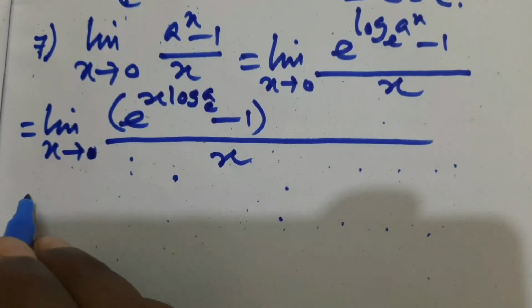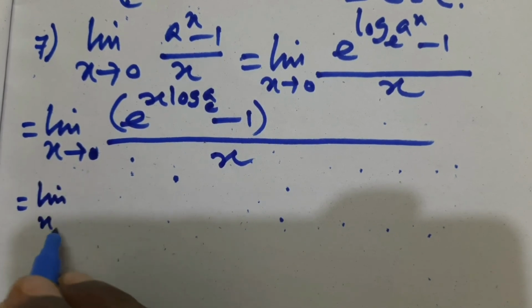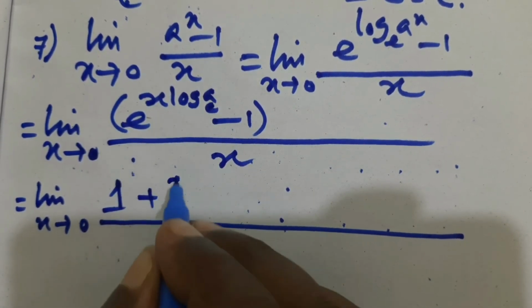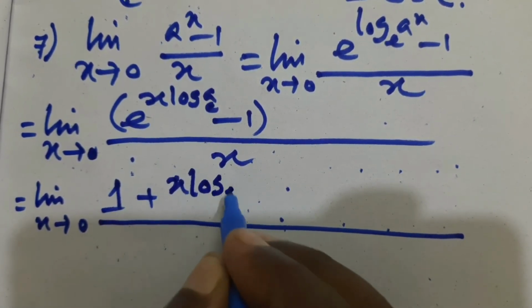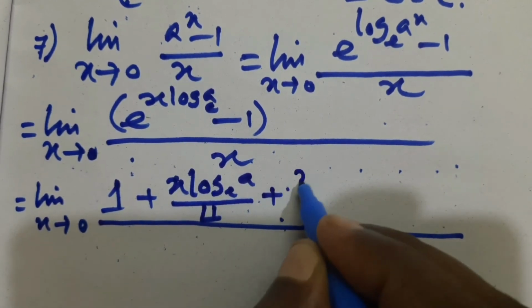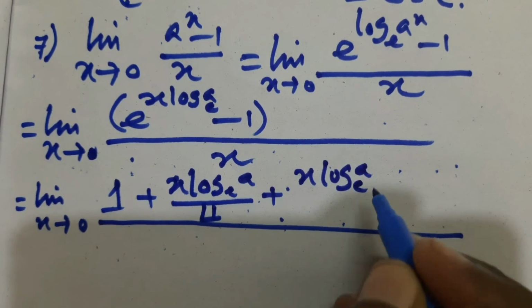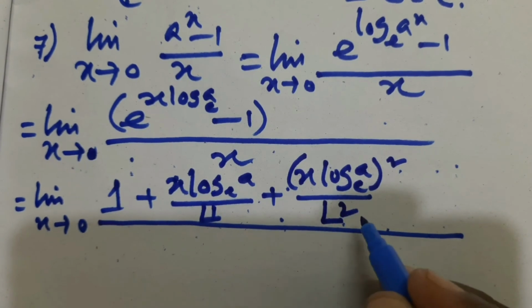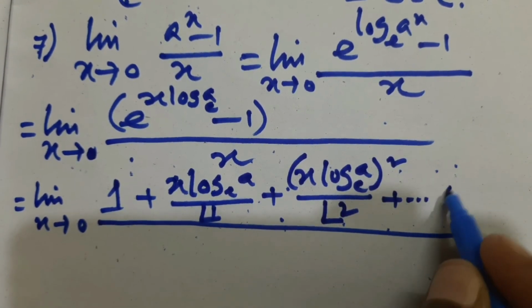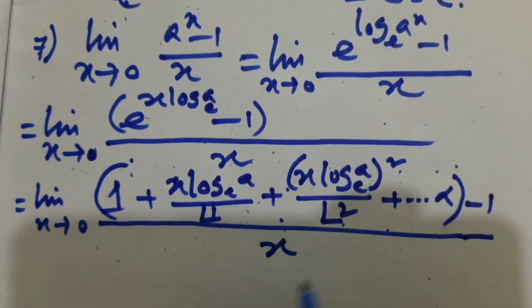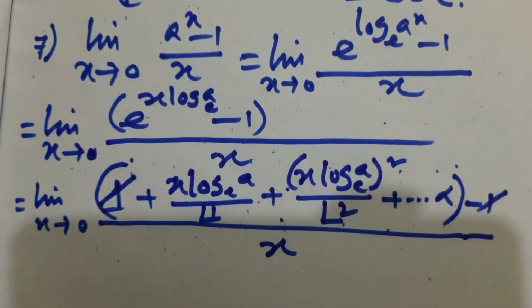Okay, and this is equal to the expansion of the e series, and that is 1 plus x log a to the base e, and whole divided by 1, plus (x log a to the base e) whole square by factorial 2, dot dot. Okay, this is your minus 1 and whole divided by x, so 1 is cancelled.